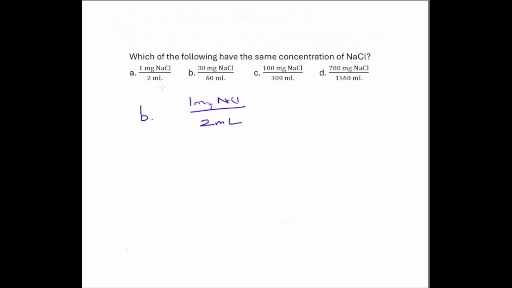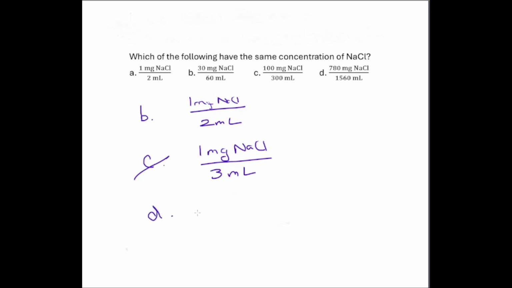So that is the same as the first one. Let's look at C. If we simplify it by dividing the numerator and the denominator by 100, we get 1 milligram sodium chloride, but now we have per 3 mils. So this one is not the same. A and B were the same, but C is different.